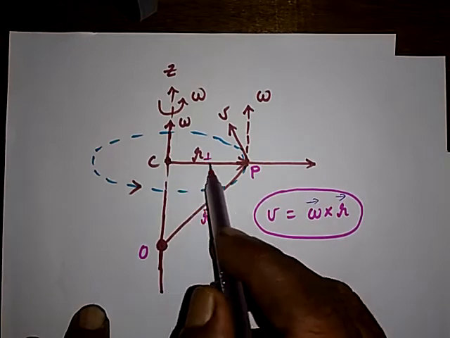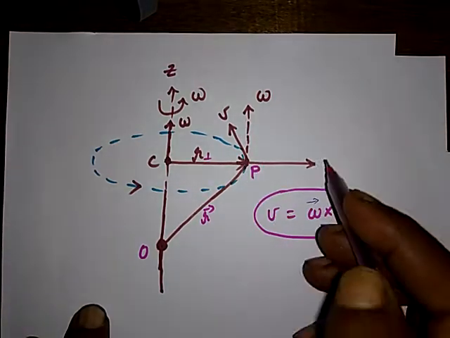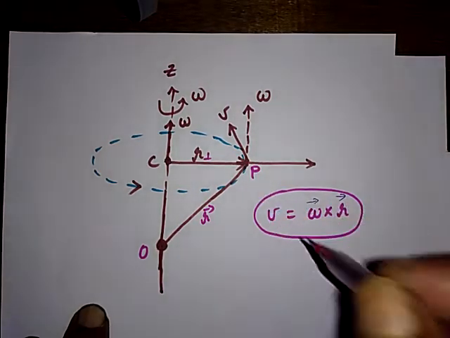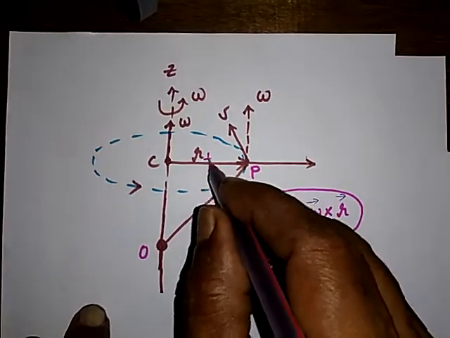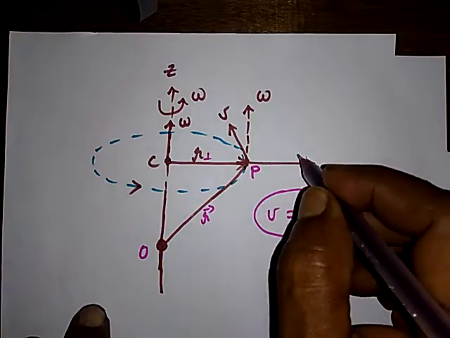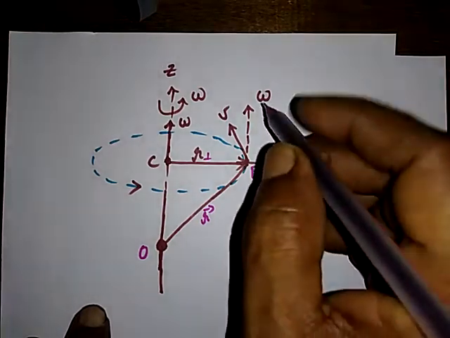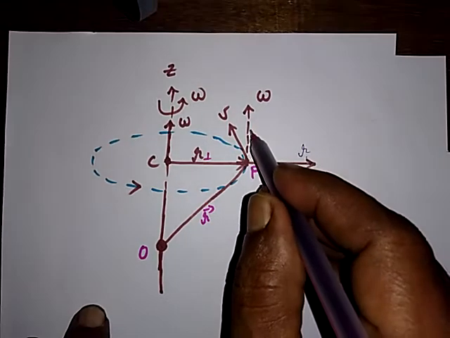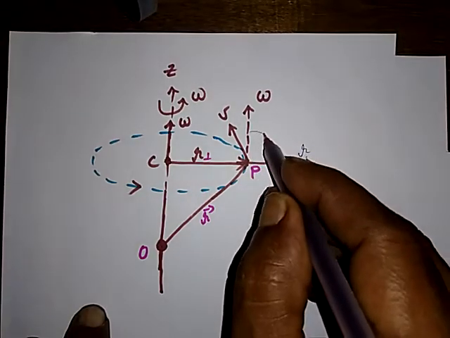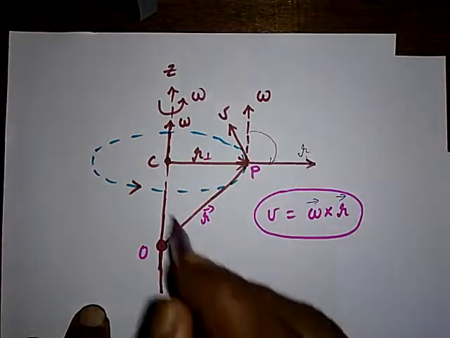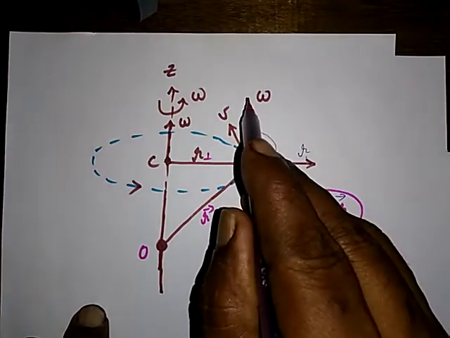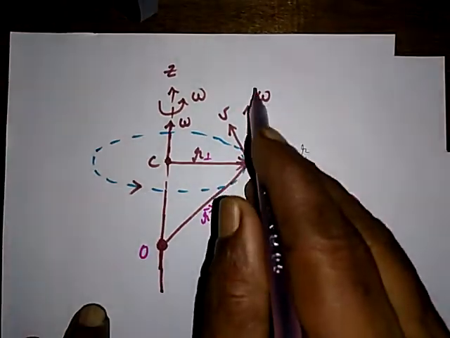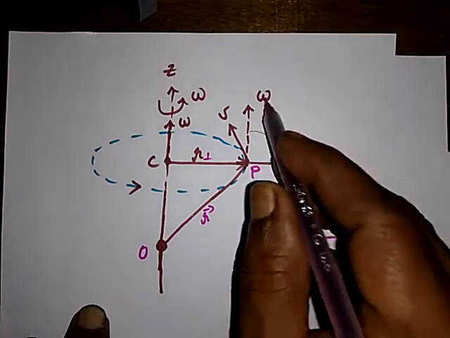Now here, r is like this, omega is like this. For omega cross r, if you extend this line straight away, the radius of this circle is in this direction. Omega cross product means this omega is turning like this, so it moves in this way, clockwise. Therefore the resultant velocity will be perpendicular to both omega and r.